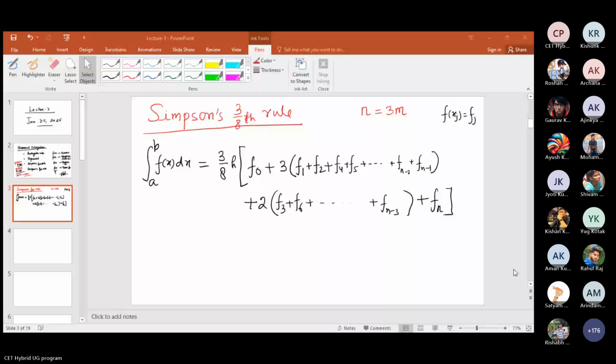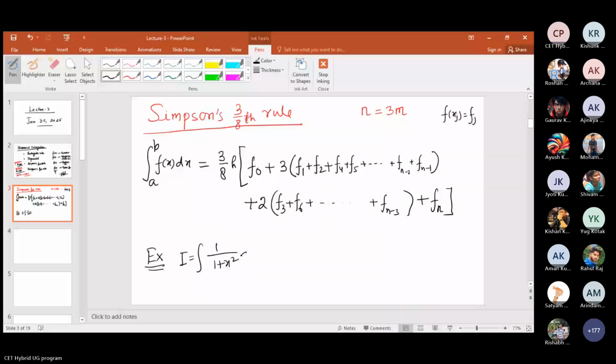All right. So this is what the formula is, and then we have to kind of remember this formula. Now let us say that we want to evaluate one integral, which we have already seen earlier. So say we want to evaluate the integral I, which is 1 upon 1 plus x square dx.